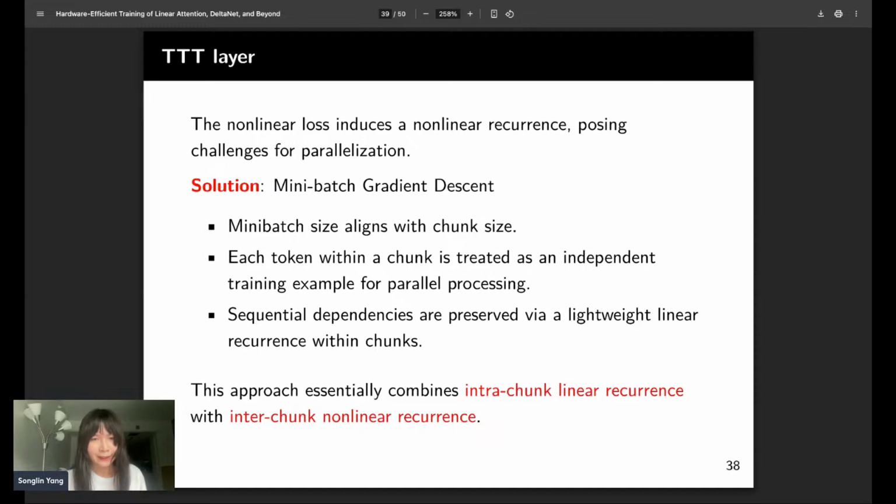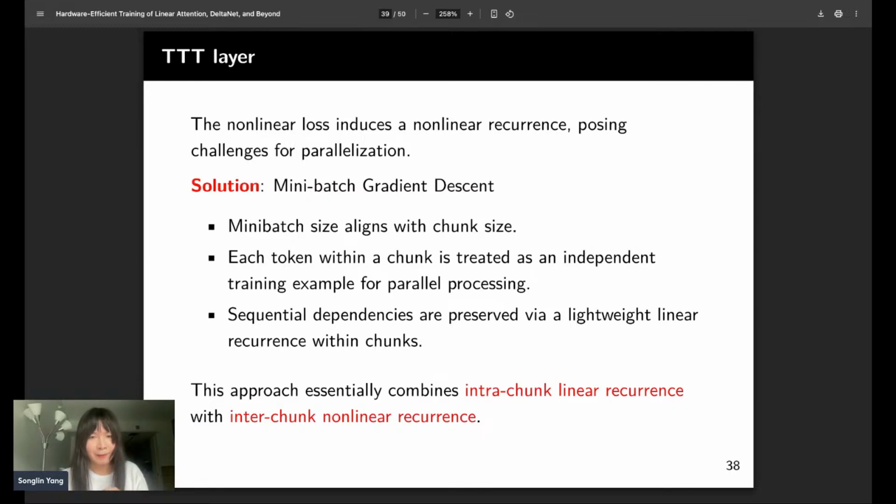But in TTT, they use a mini-batch gradient descent step, where the mini-batch is like the chunk size. So they only update the recurrent state after processing several tokens, and the number of tokens is the same as the mini-batch size. And each token within this chunk is treated as an independent training example for parallel processing.